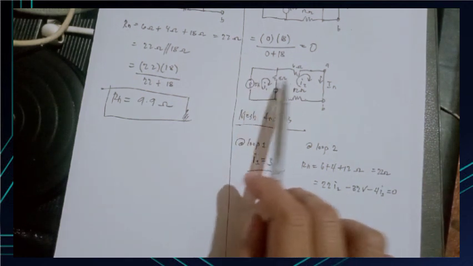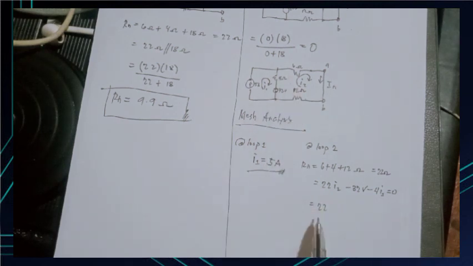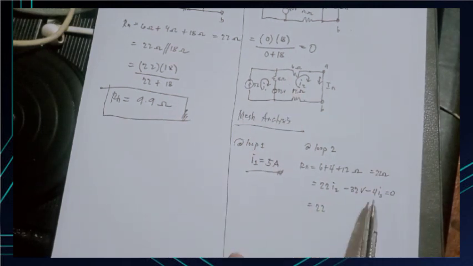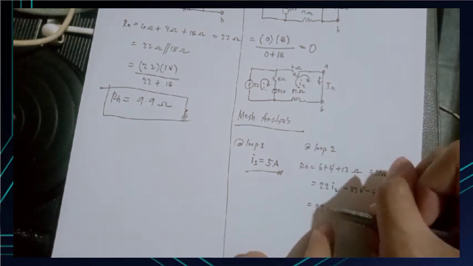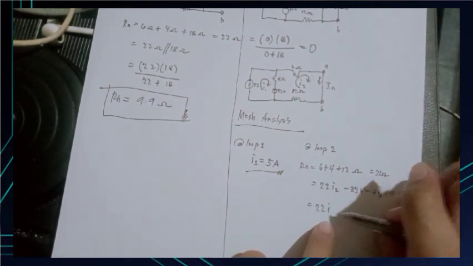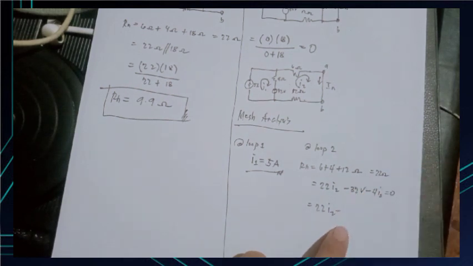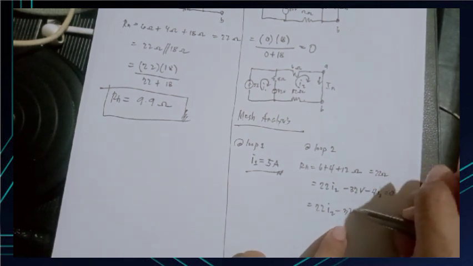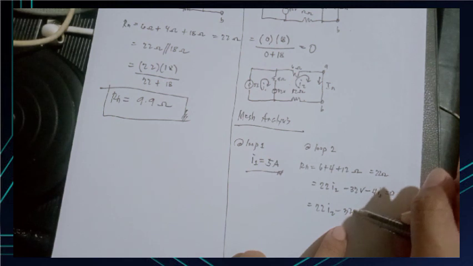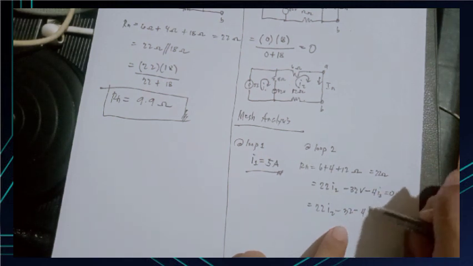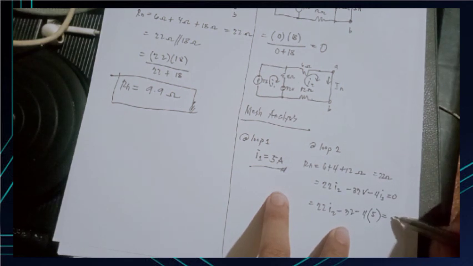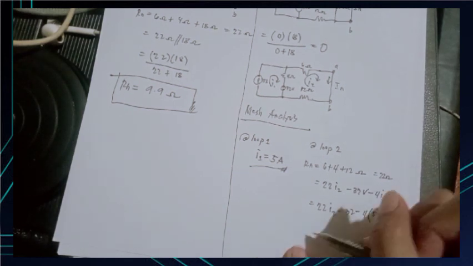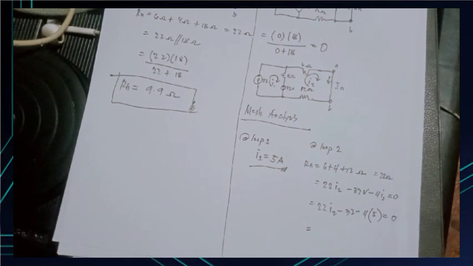So, may value na ang ating I1, so, pwede natin itong isasubstitute. So, 22 I2 minus 32 volts minus 4 times 5, yung value ng I1, is equals to 0.